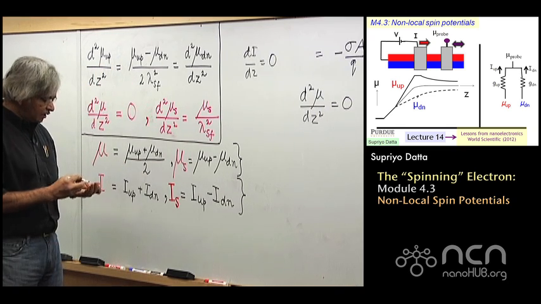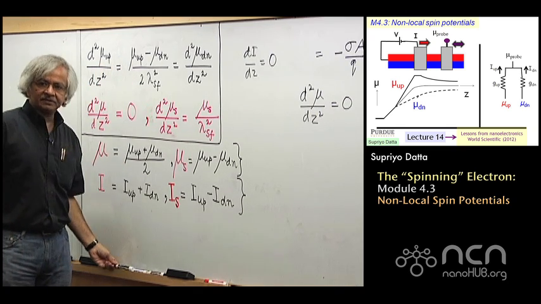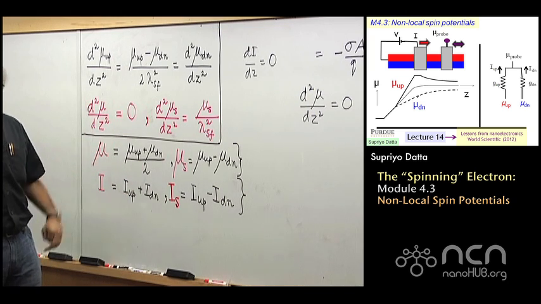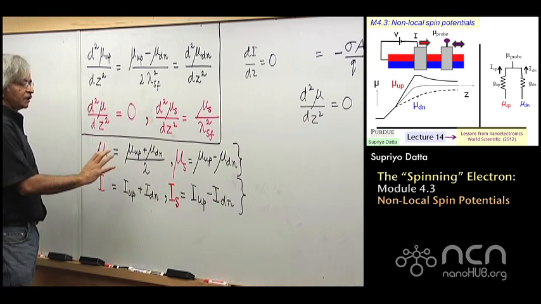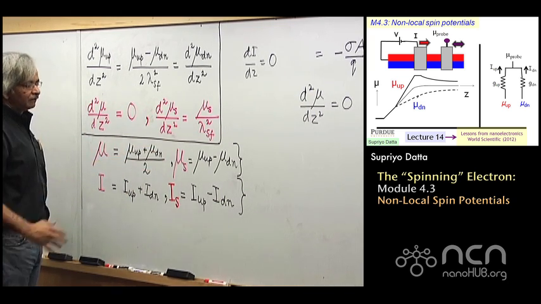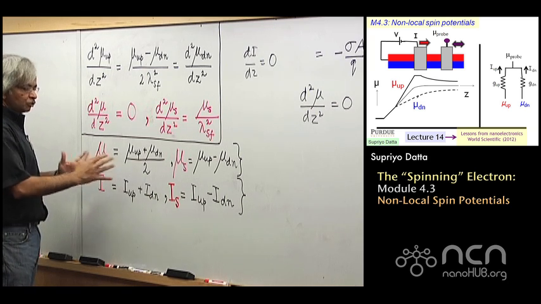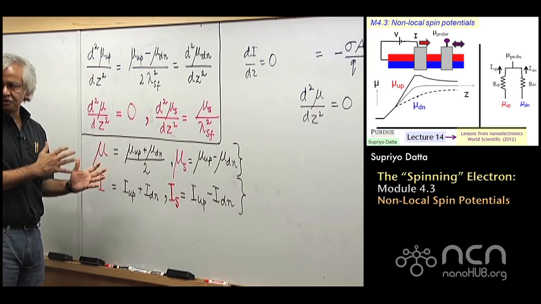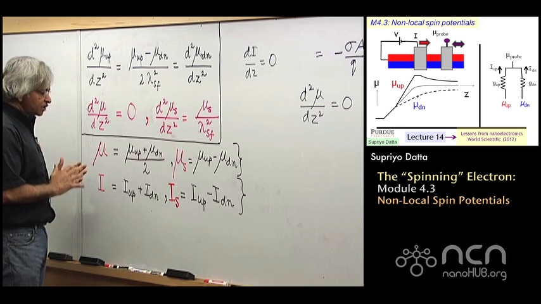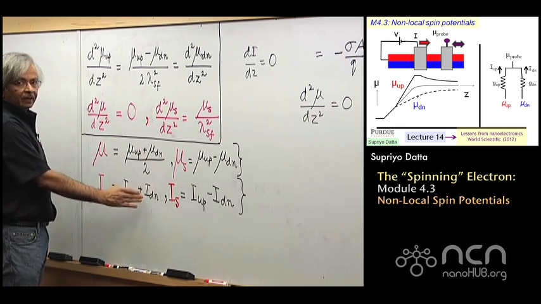Now, one of the very powerful concepts here that's widely used is that instead of working with up and down, you can define two quantities which you could call charge and spin. The charge is like the sum of up and down.